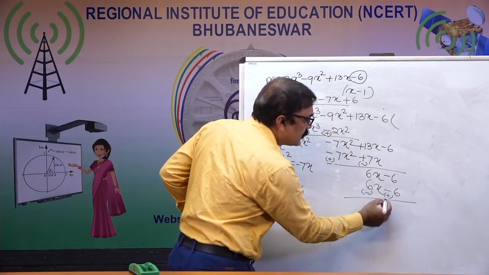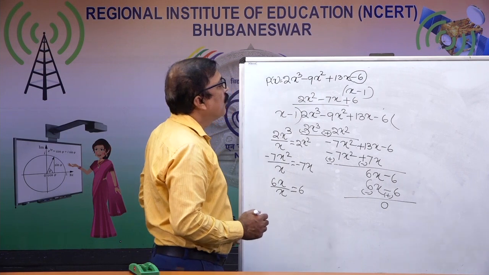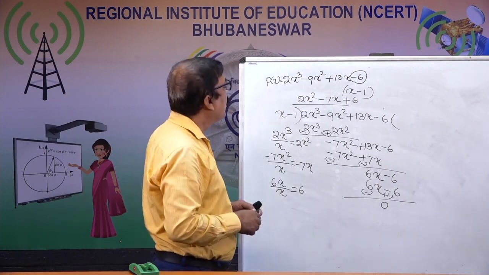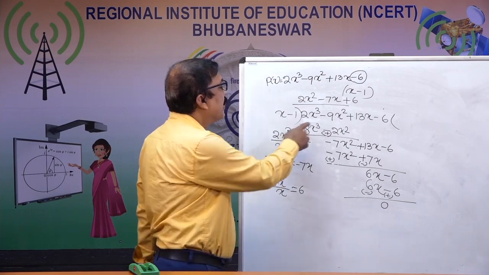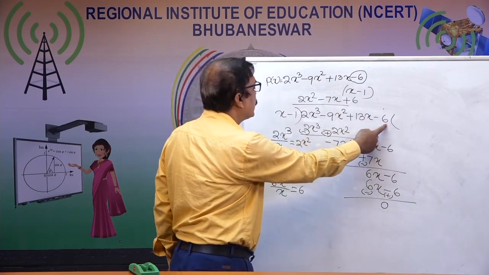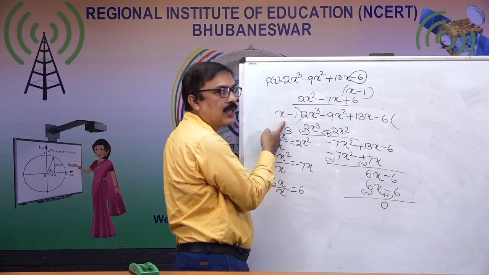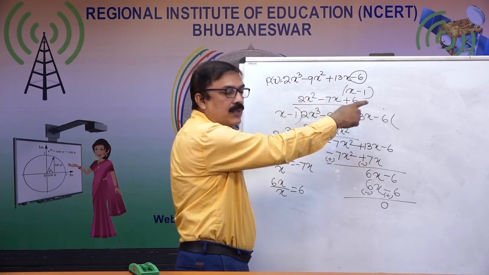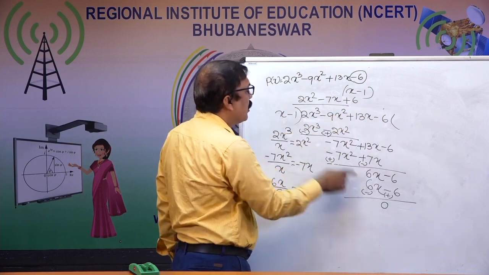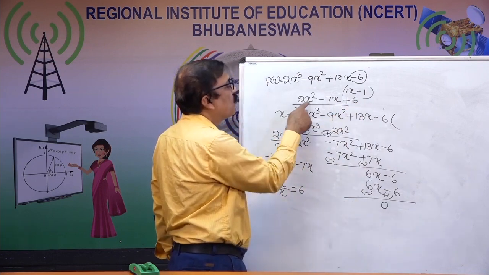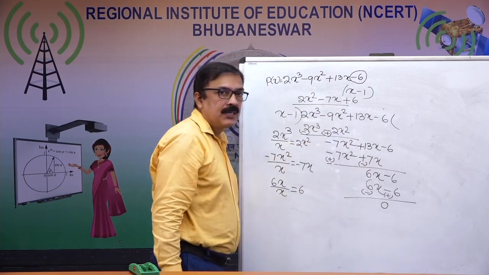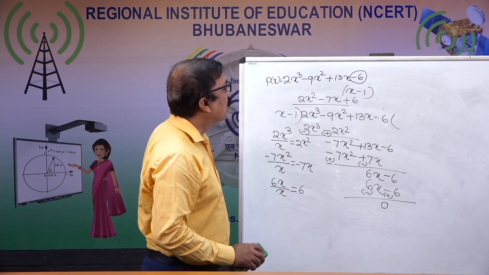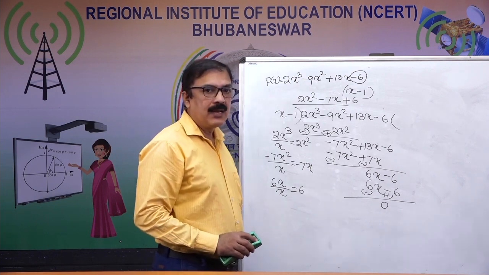So this becomes 0. Now we can write this polynomial 2x³ − 9x² + 13x − 6 as: the divisor is x − 1, and 2x² − 7x + 6 is the quotient, 0 is the remainder. So x − 1 and 2x² − 7x + 6 are the factors of 2x³ − 9x² + 13x − 6.